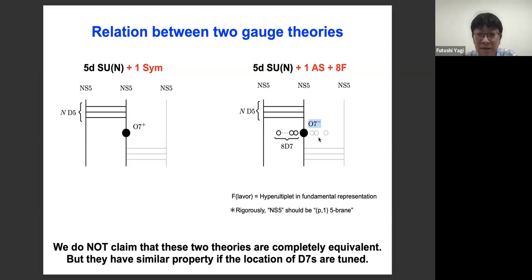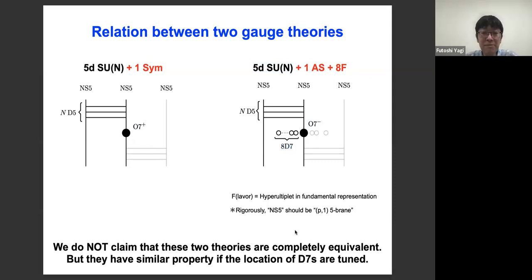So let's replace it by O7-, plus 8 D7. And then with this O7- and 8 D7, it looks like a 5-dimensional SU(N+1) antisymmetric tensor, originated from O7- plus 8 flavors originated from these 8 D7 branes.